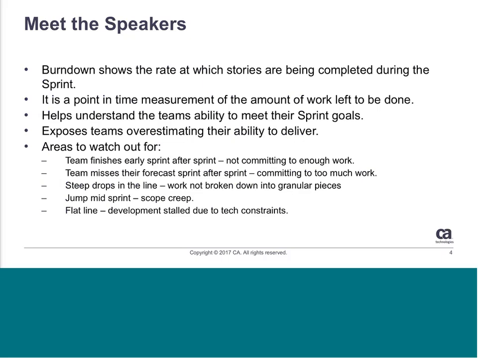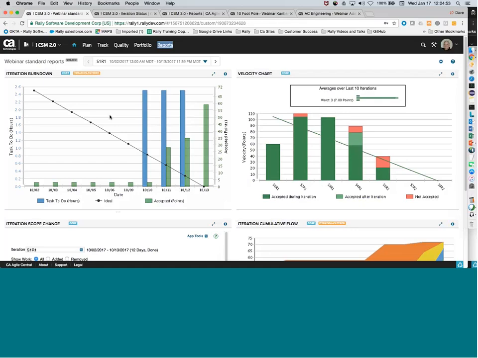So iteration burndown is available there and has been added to this particular dashboard. Another place that it's available is on the iteration status page. Or if you expand the top graph banner, you'll see a burndown chart as well as a couple others that we'll look at later. So I can access it for the particular sprint that is shown in the iteration status page.